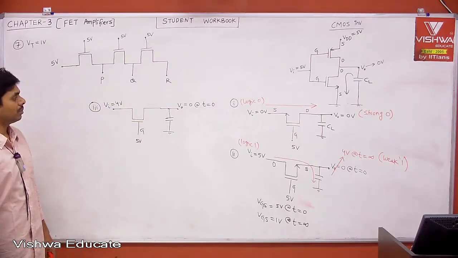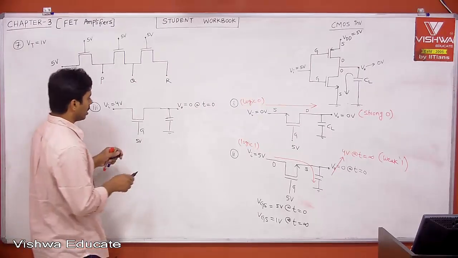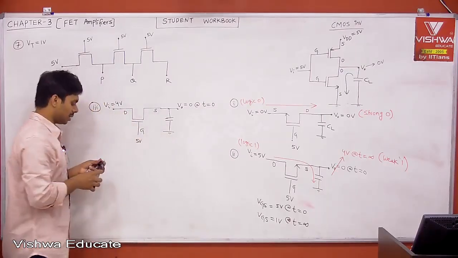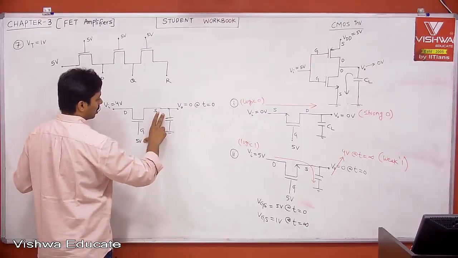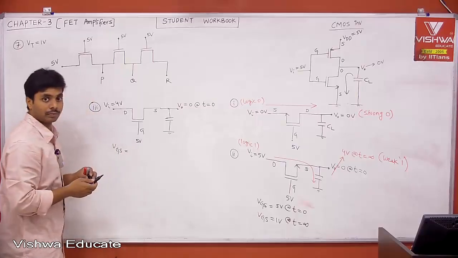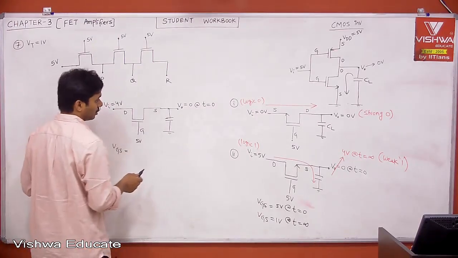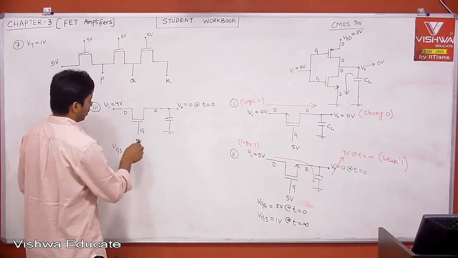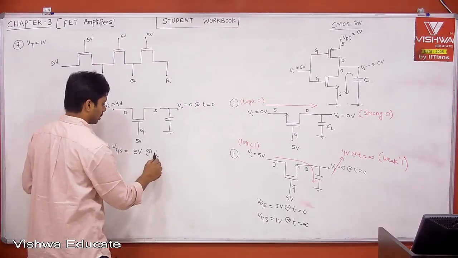Now tell me, what is source, what is drain? Lower potential is always source. 0 means source. Now tell me, what will happen? What is VGS? VGS is equal to 5 minus 0, 5 volt, at the time t equal to 0.